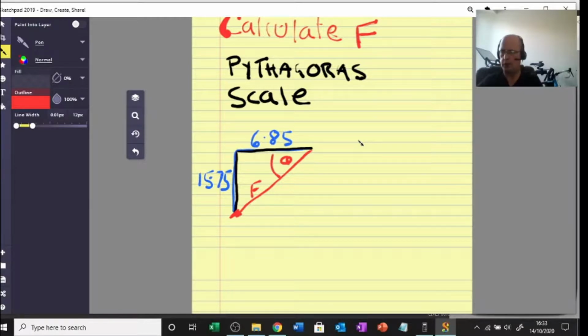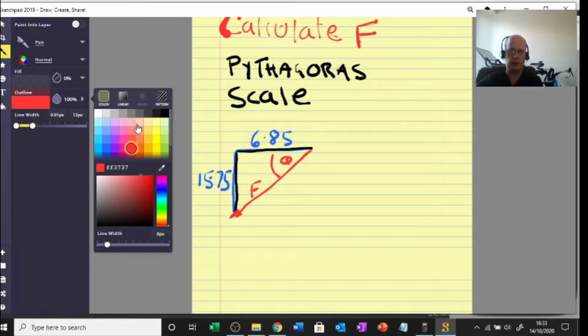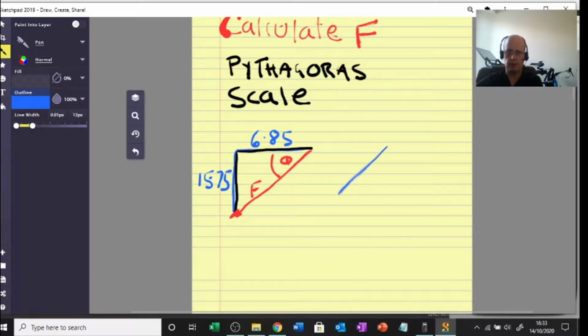Now, hopefully you know Pythagoras. I'll just refresh your memory a bit, the way you may have seen it before. So there's that, and there's that, and there's that. A 90-degree triangle. This is called the hypotenuse, the longest side.